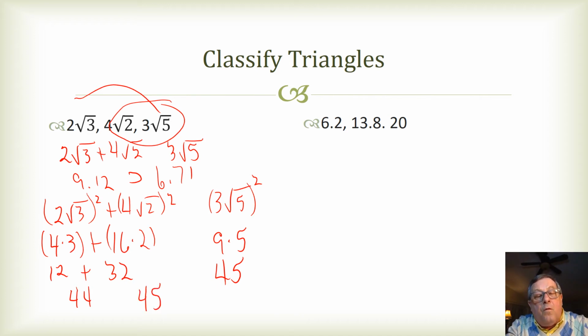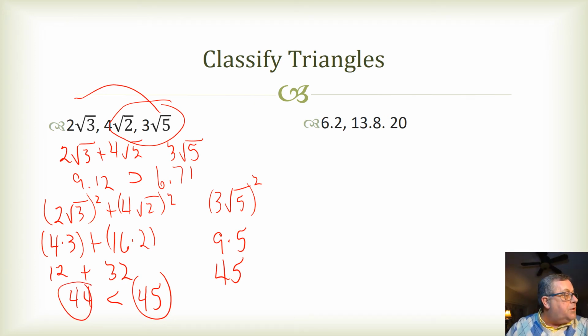Well, 44 is less than 45, right? So, c squared is 45, which is greater than a squared plus b squared, which according to the triangle inequality theorems, then this triangle must be obtuse. And you may want to go back and review those inequality theorems.